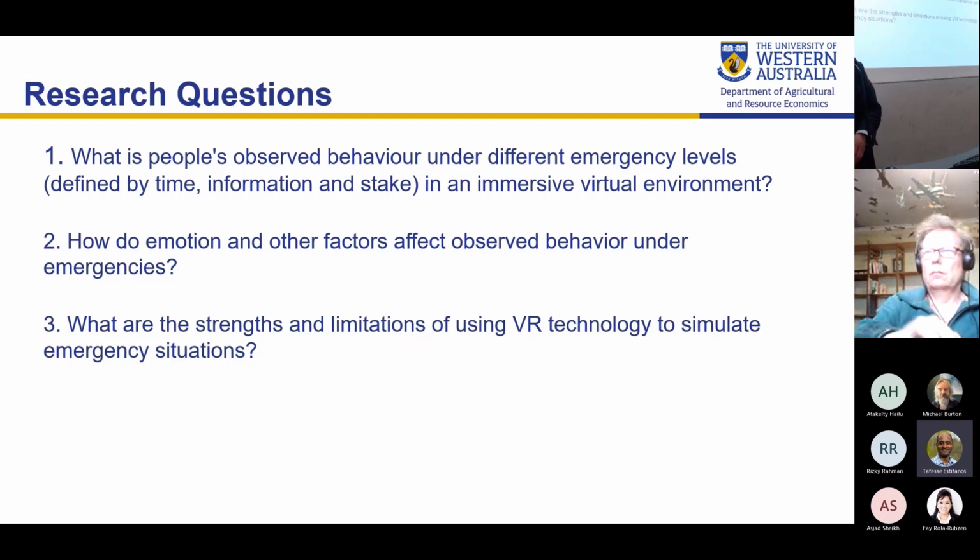Sorry, I was just thinking of something really useful that could come out of this. Not necessarily focusing on the emotion side, but on the information side: if you ran a simulation and gave slightly different information to your model, you might come up with a suggestion for a device or tool that people could have in their homes which would give them that information at the right time. That could be really helpful to run simulations on and see if it made a difference to the optimal decision making.